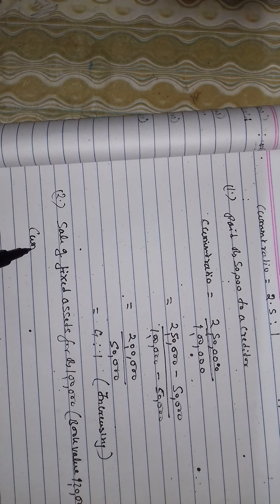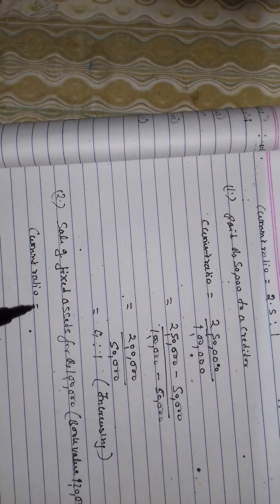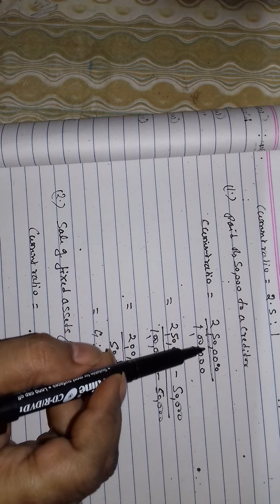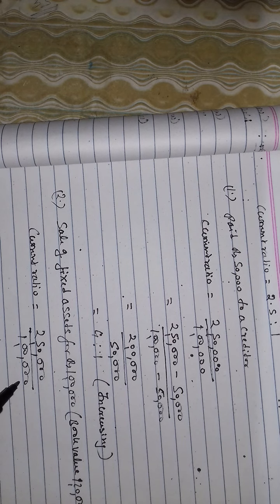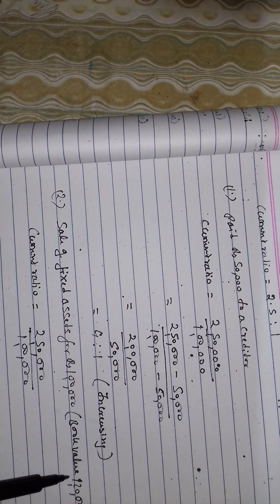Now again, the current ratio is current assets upon current liability, means we have 2,50,000 current assets and 1 lakh as current liability. Now whether this transaction will affect this current ratio. As we have sold the fixed asset of book value 1,20,000, it will not affect anything in current asset, because fixed asset is not a part of current asset.